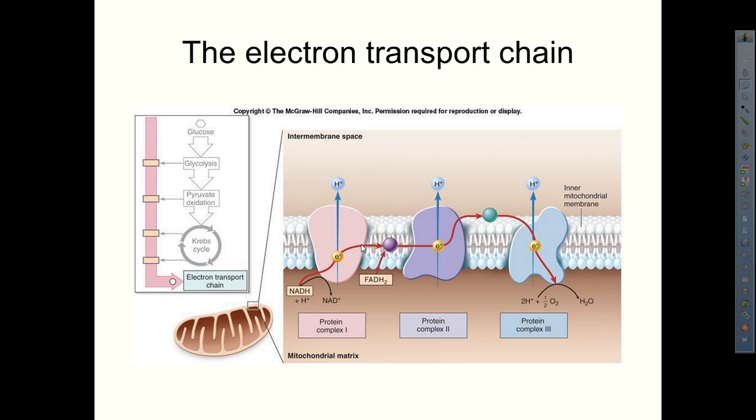This electron part continues to get passed on from one protein complex to the next until it reaches down here with water. Along the way, the hydrogens, the proton part, are being pumped to the other side of the membrane, and they can only re-enter through that special enzyme ATP synthase, and that is going to make the ATP.